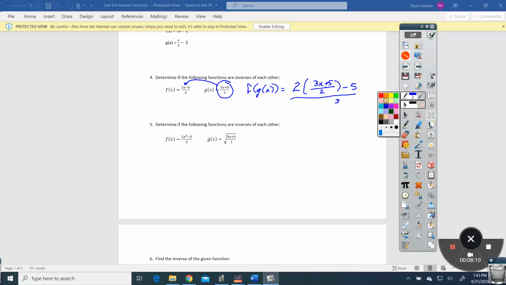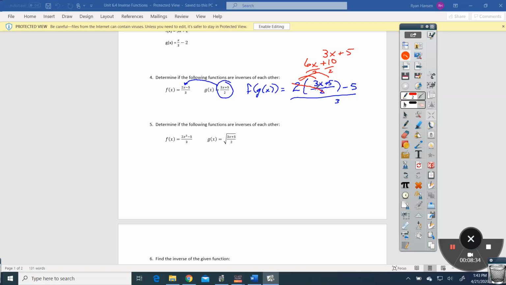So this whole thing is being divided by 2, and so these 2's will cancel off. If you wanted to, you could distribute the 2. That's 6x plus 10, each divided by 2, and that gives you 3x plus 5.